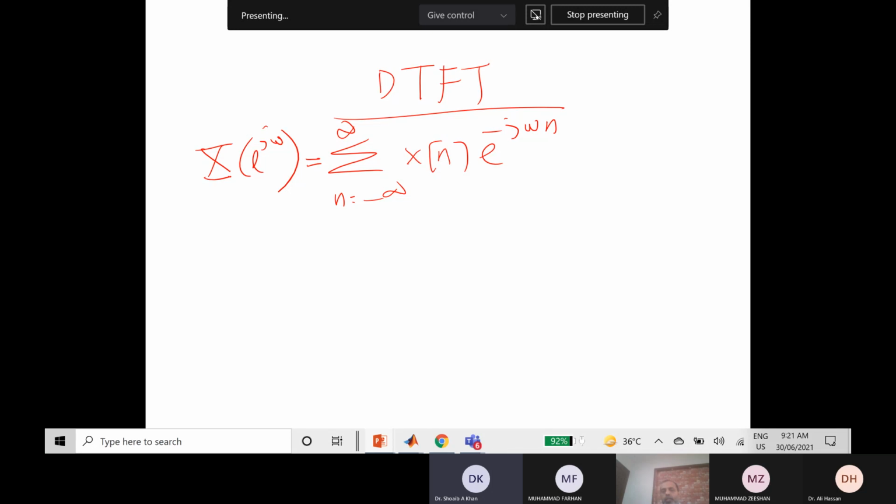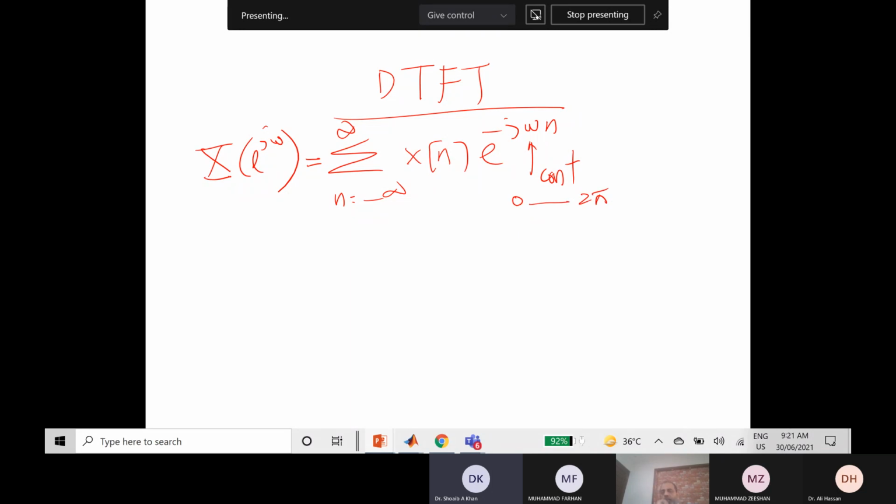So there are two issues with this formula. One issue is that omega is continuous. So a computer cannot compute something where the variable is continuous. So you have to discretize it. Currently it varies from 0 to 2 pi or minus pi to pi, because it is periodic, it does not matter.